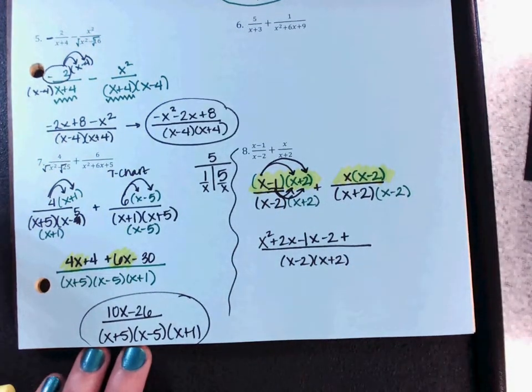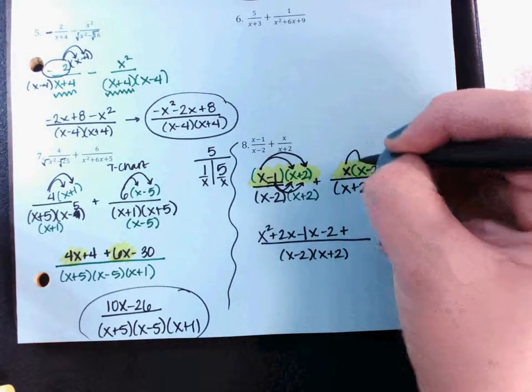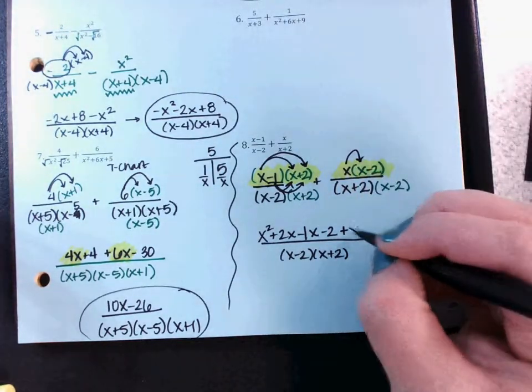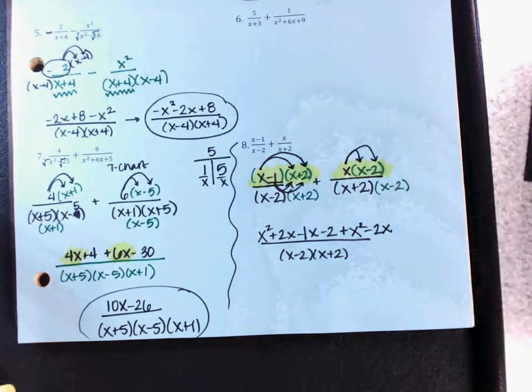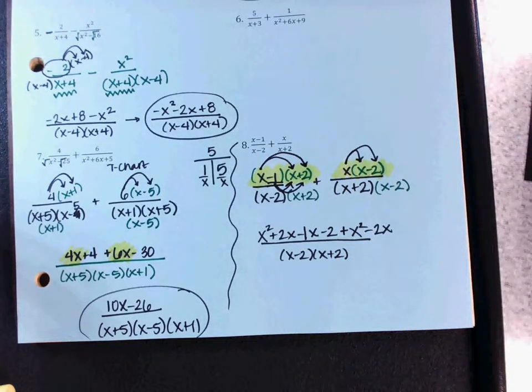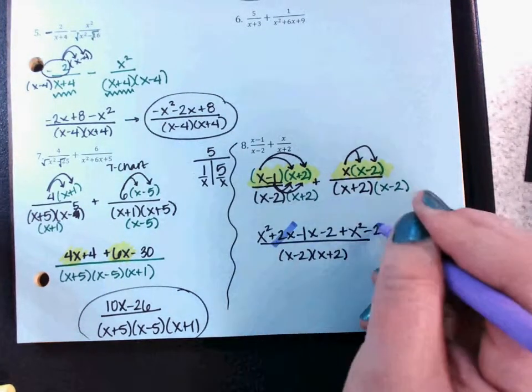Okay, second term. We're single distributing on the second fraction. X times x, what do we get? And then x times minus 2 is negative 2x. Now from here, I want to put like terms together. Is there anything that can just straight up cancel out? The 2x and the minus 2x. So these two guys I can just go ahead and cross out.